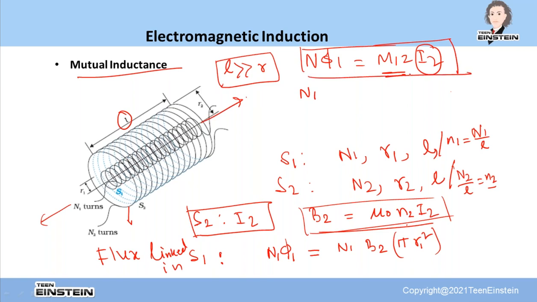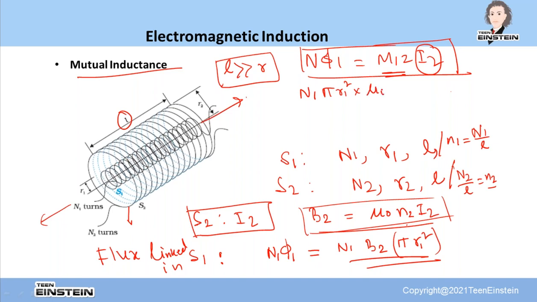So this is the thing we know already. N1 phi 1, I am writing what is equal to that. So this is N1 pi r1 square into B2, that is the field produced by the outer solenoid.